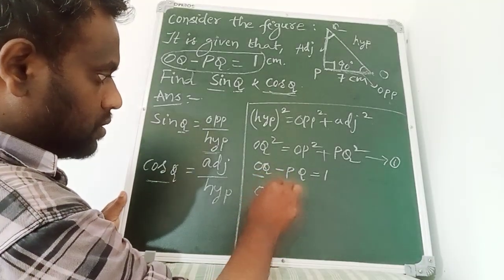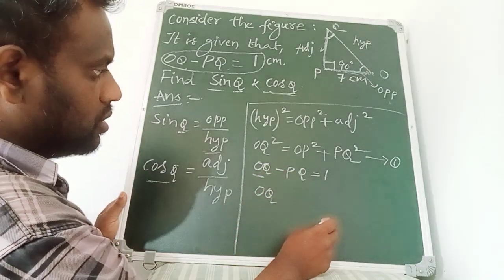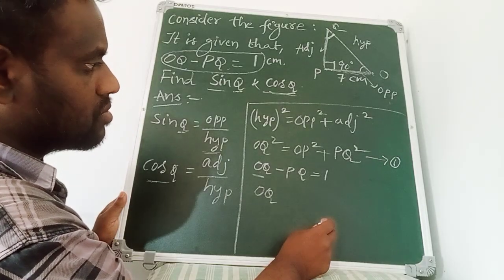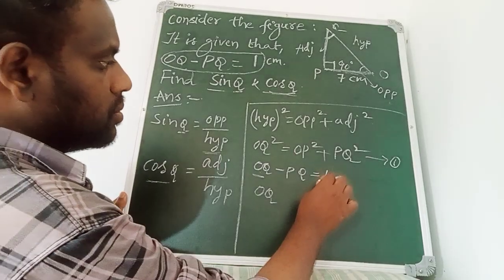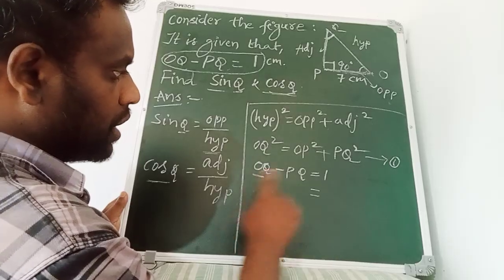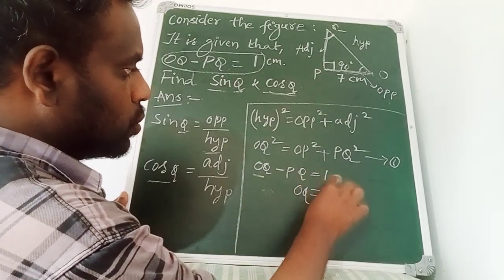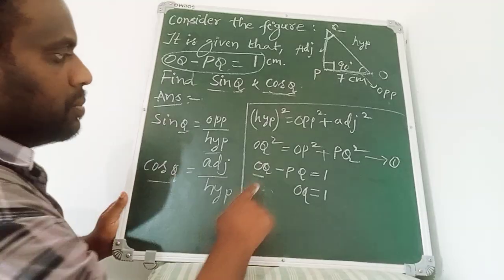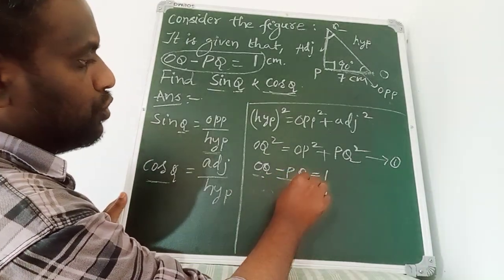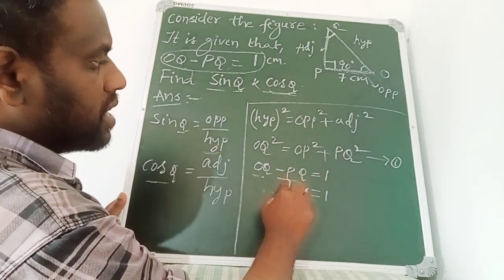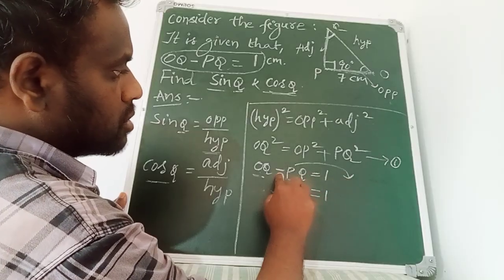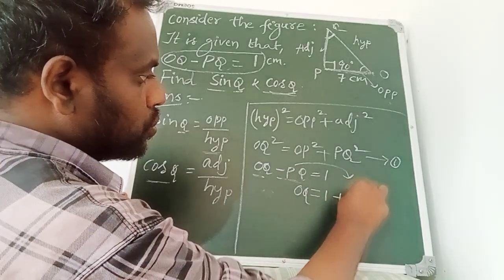So OQ keep here, with the equal sign in one line like this. So write OQ is equal to 1, like this, because we want OQ. Now we don't want minus PQ, so move this minus PQ to this side. When minus PQ is moved to this side, it will become plus PQ.